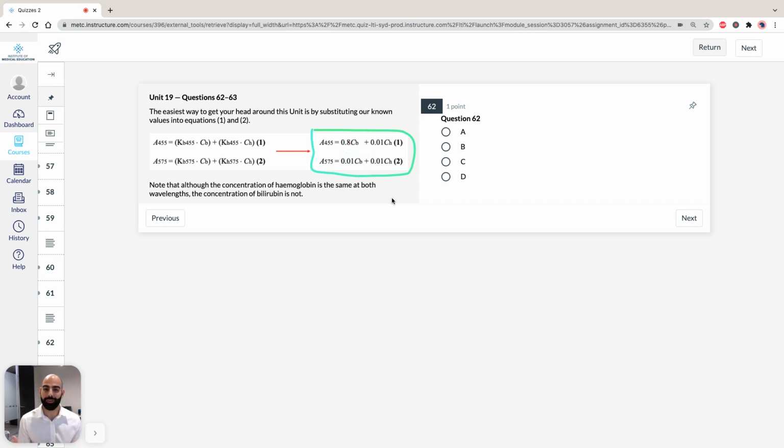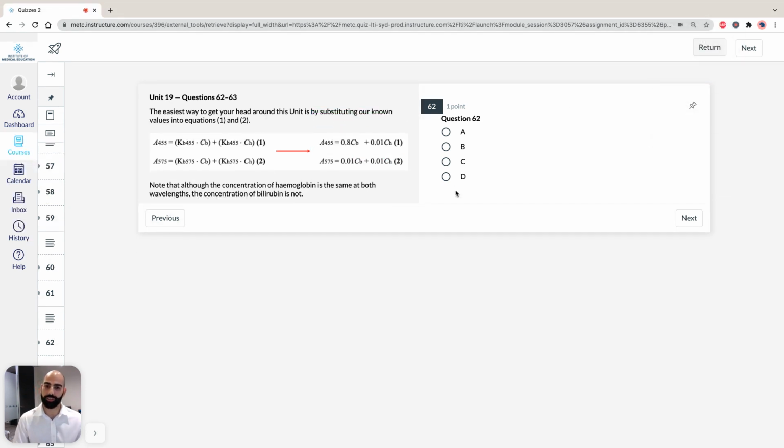So straight away you know that if we remove the absorption of hemoglobin from the absorbances at 455 and 575 nanometers, we can calculate the concentration of our bilirubin. So we can get the absolute concentration here.